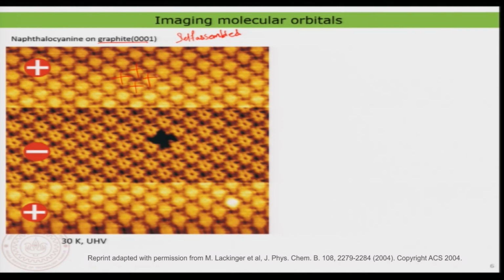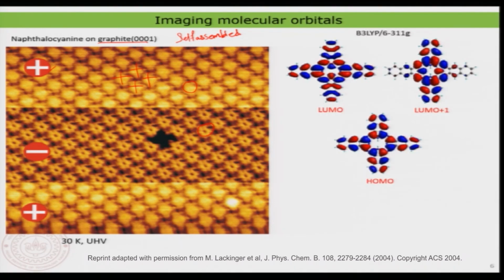They assemble nicely, but now if you image them at positive and negative bias, you see clearly the contrast of the molecule is different. This is a single molecule, this is a single molecule, you can see clearly the contrast is different, and that difference in the contrast is again due to the fact that at positive bias you are imaging the unfilled orbitals, and at negative bias you are imaging the filled orbitals. So, this is a clear point.